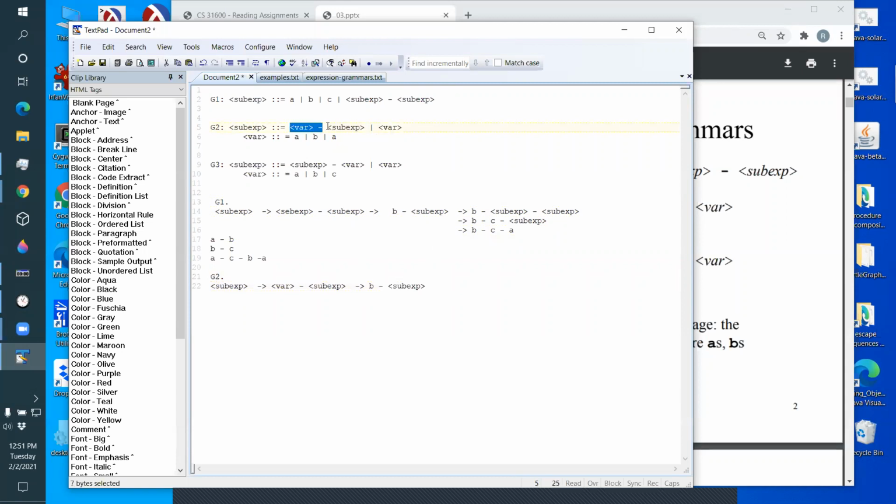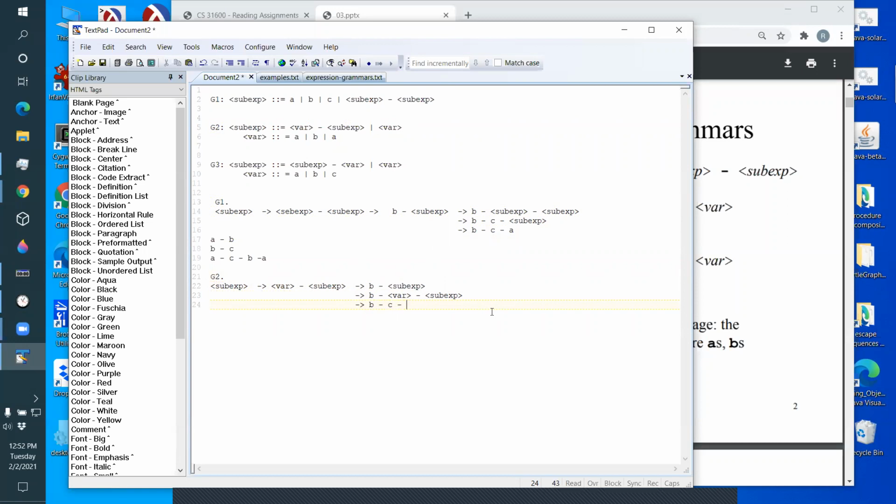I'll go ahead and expand it into this again. So now there's the B minus. But when I expand that, I don't have much choice here. I have to put a variable there. If I keep expanding this, I'm going to have a B. Then I have to put a variable here.